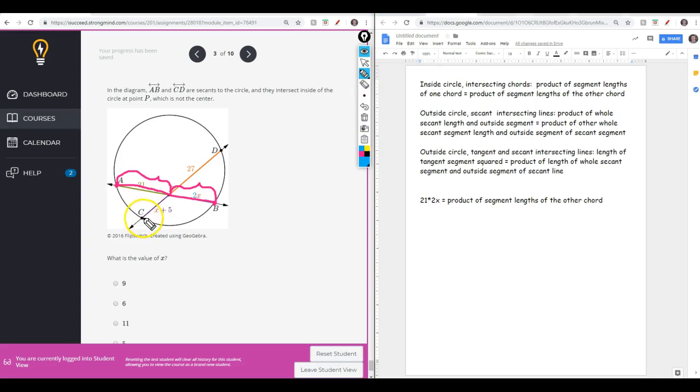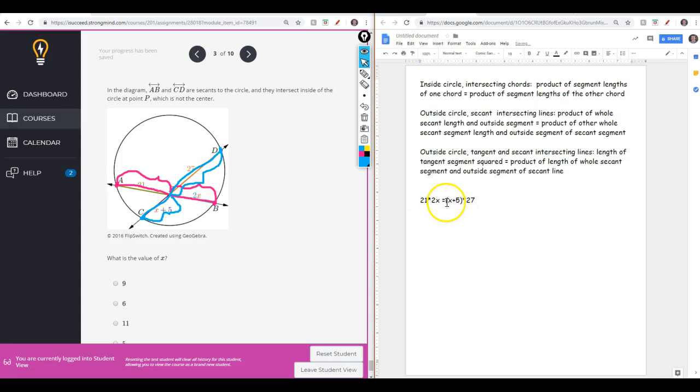Now let's identify our other chord. That would be from C to D, and again the chord is just the segment that is within the circle. So that's this whole chord right here, C to D. Now the segments of those chords are from C to P and from P to D. So the product of those, since C to P has two terms, x plus 5, I'm going to include that in parentheses, so x plus 5 being multiplied by 27.